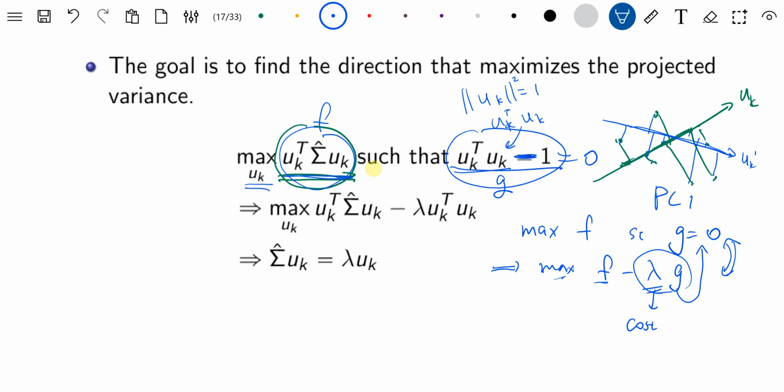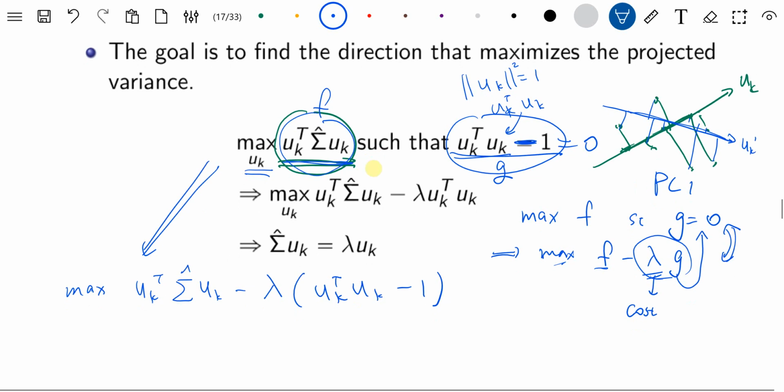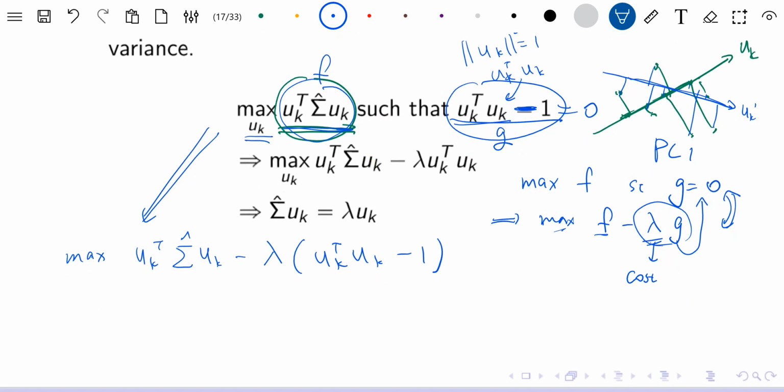So let me rewrite that. What we're doing is converting that to maximizing UK transpose sigma UK minus a large cost lambda multiplied by this. So now we're just dealing with an unconstrained optimization problem.